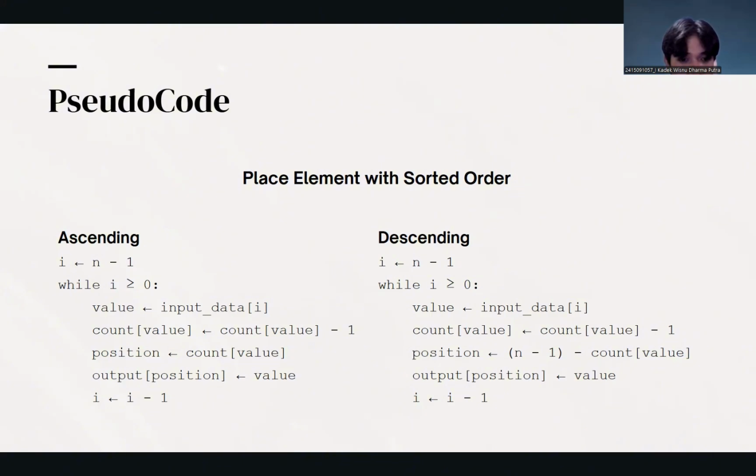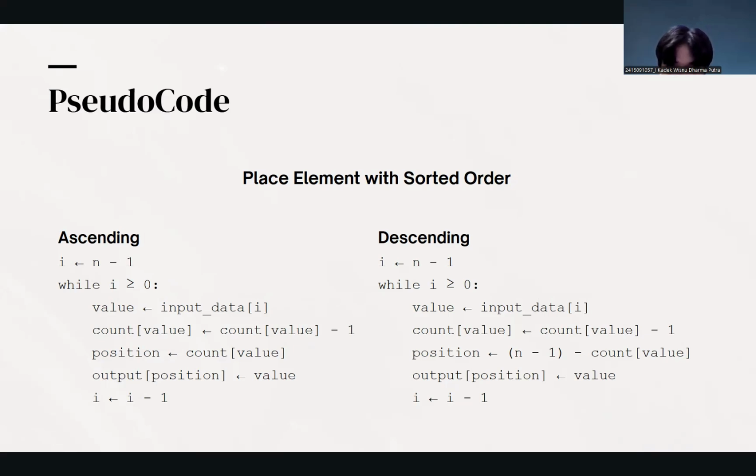We create a new variable with the name position with the value of count index value, and we place the value in the output array at index position with the value that has been stored, and we decrement the I variable.